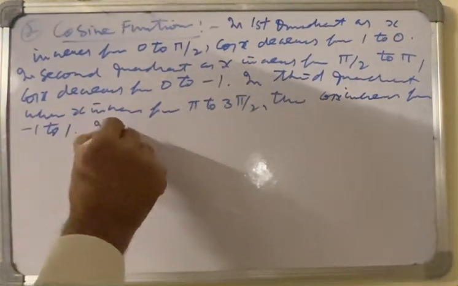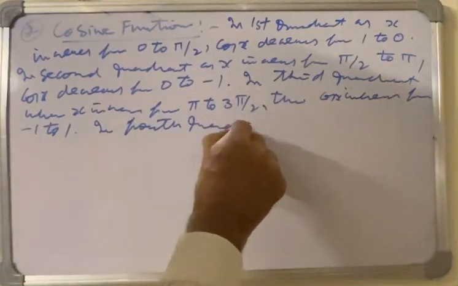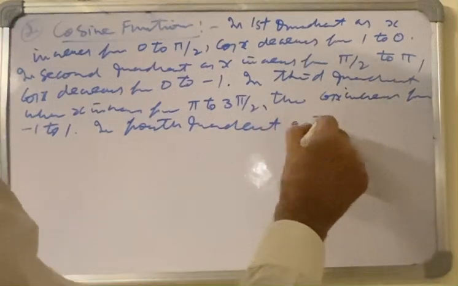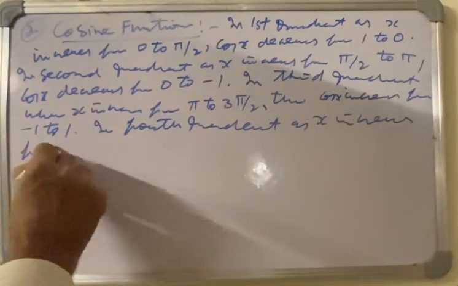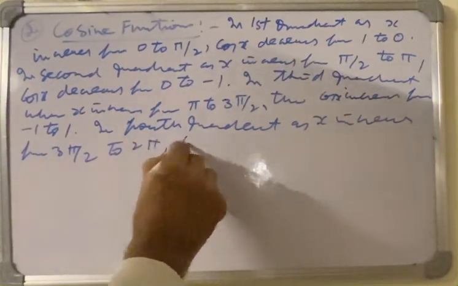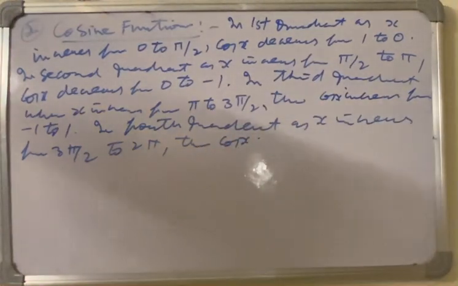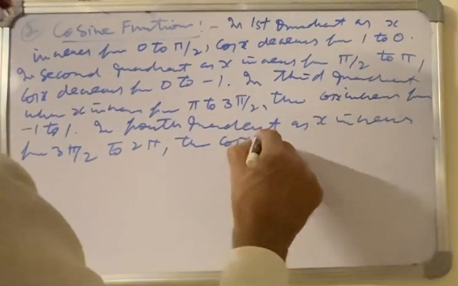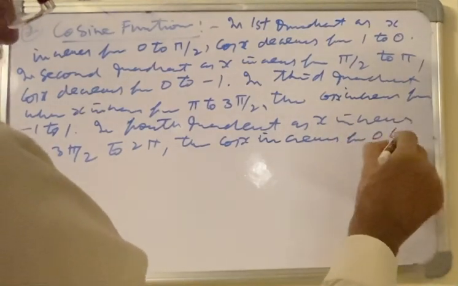In fourth quadrant, as x increases from 3 pi by 2 to 2 pi, then cos x increases from 0 to 1.